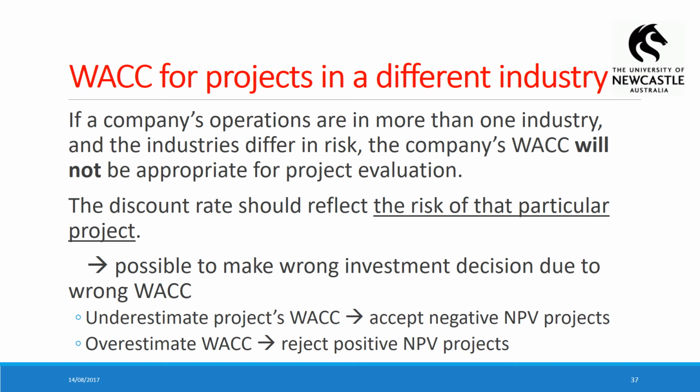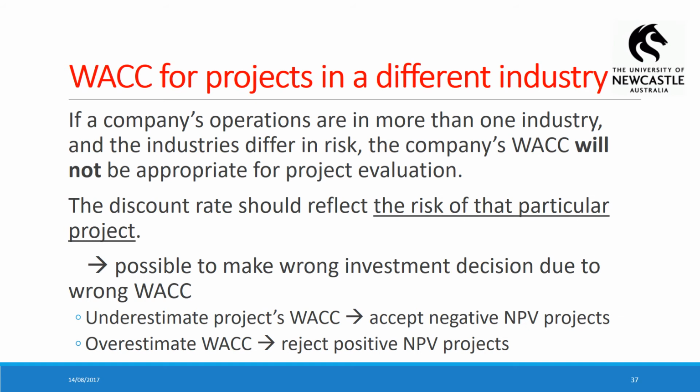So what do we do in this case? If we were to use the firm's overall cost of capital to make the investment decisions relating to the new project, we might end up in one of these two situations.